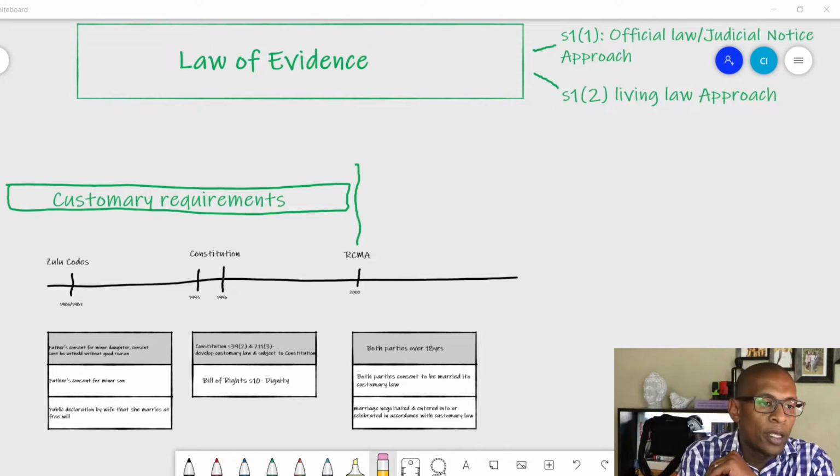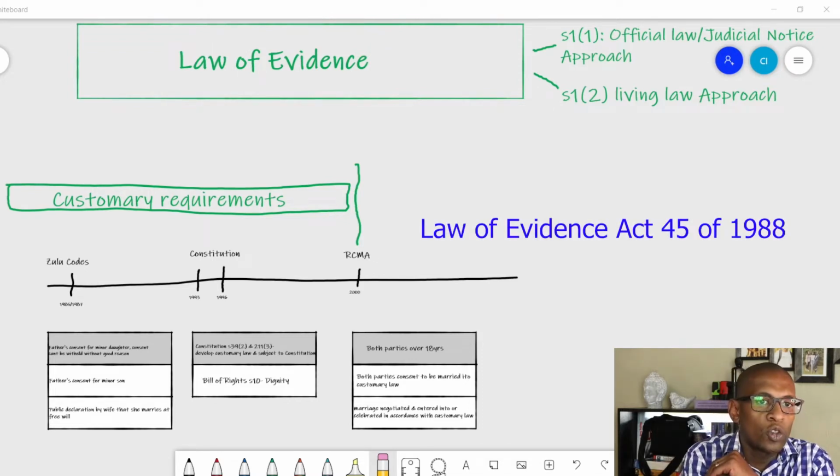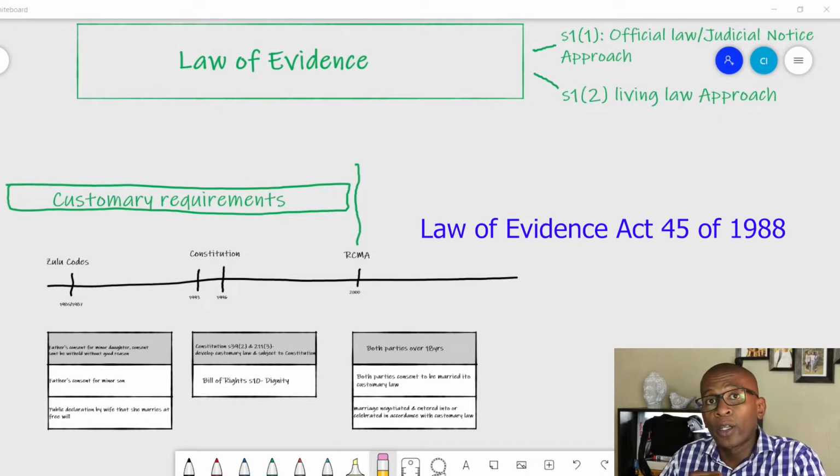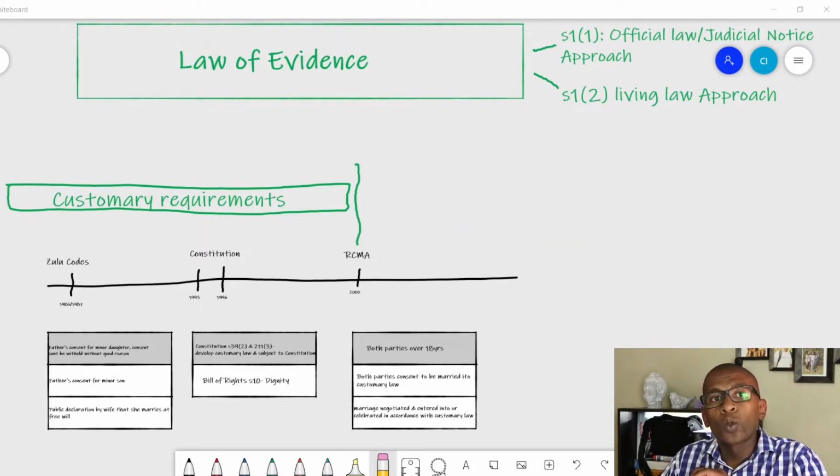So there's two sections that I just want to touch on. The first one is Section 1.1, which basically recognizes the official law approach, and then Section 1.2, which basically recognizes the living law approach.